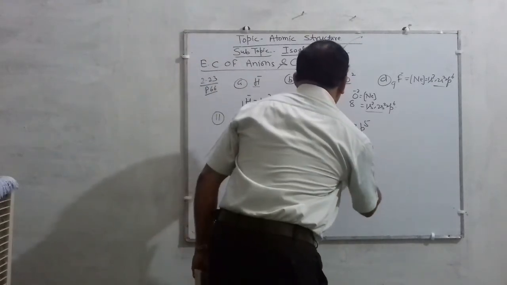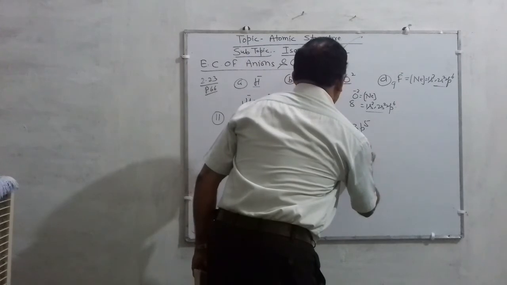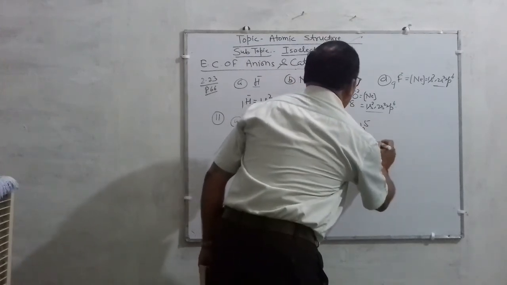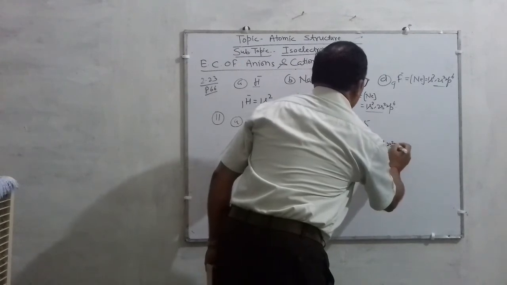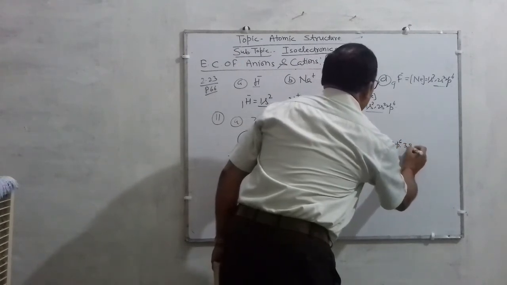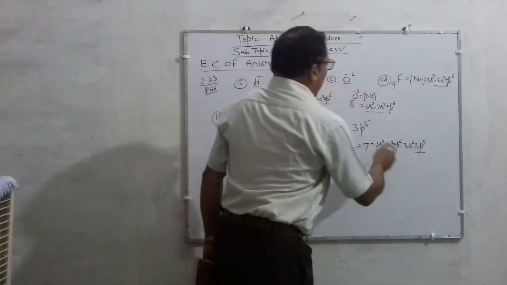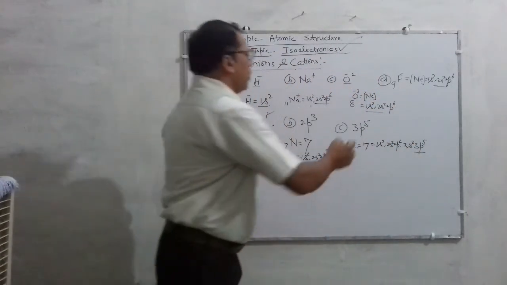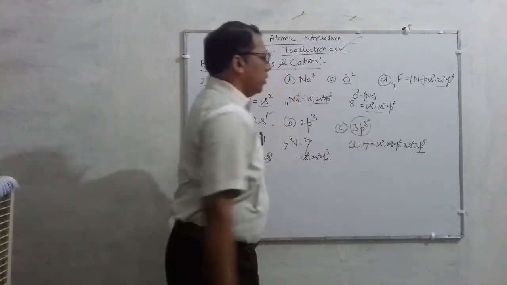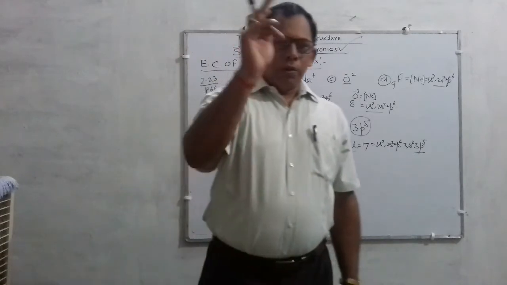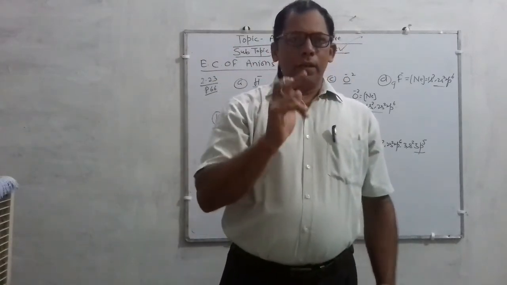You know that chlorine has atomic number 17 and is written as 1s2, 2s2, 2p6, 3s2 and 3p5. So the element will be chlorine and the atomic number will be 17.